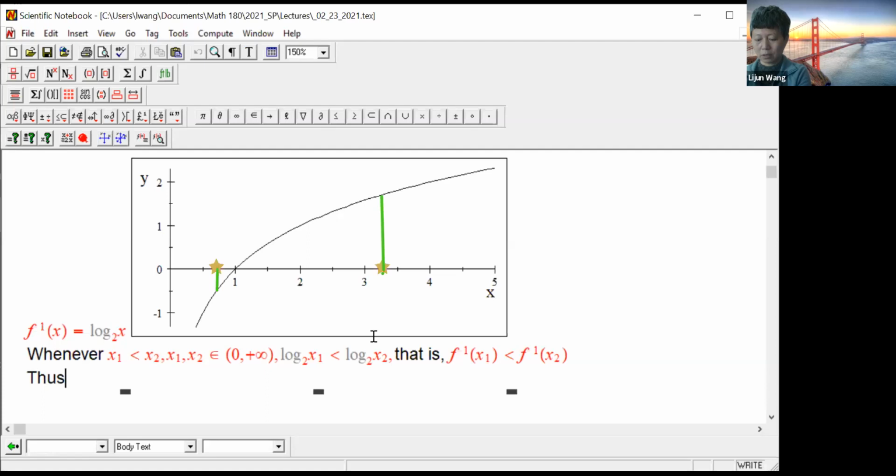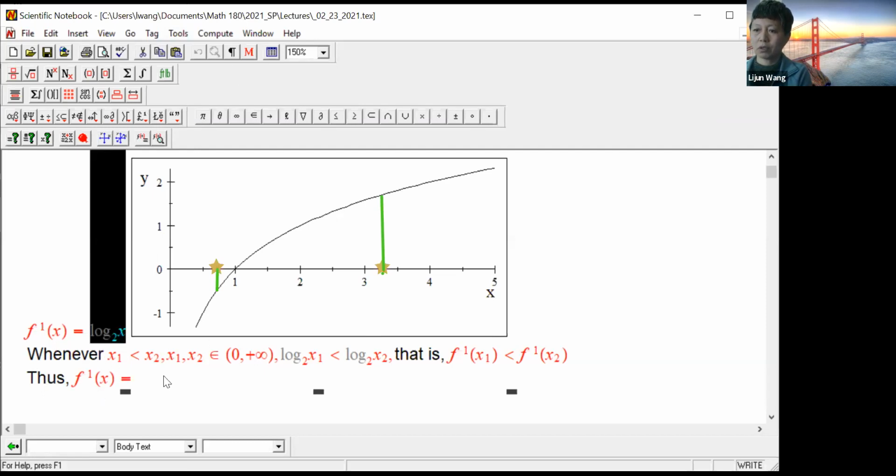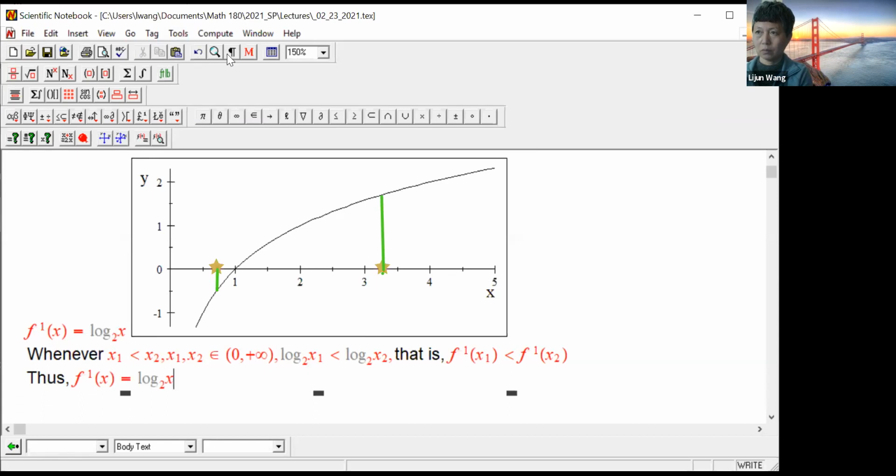Then you can say thus f inverse of x equals log base 2 x is an increasing function. The wording is a little bit different because sometimes I say it's increasing, and where is it increasing? In its domain.